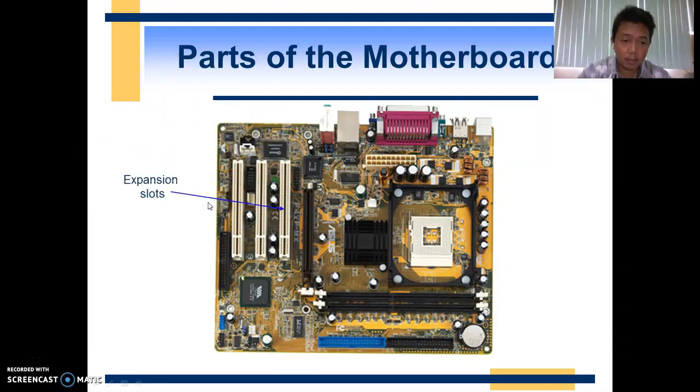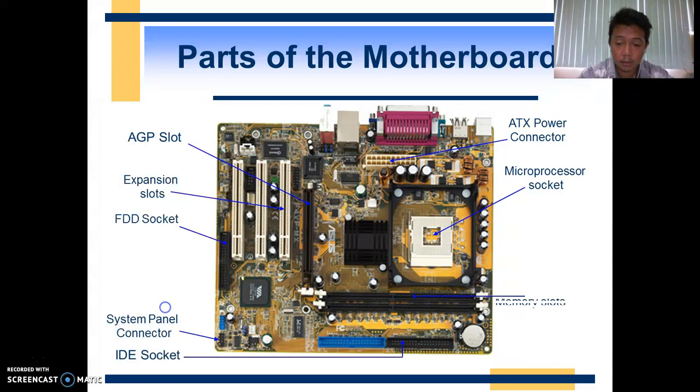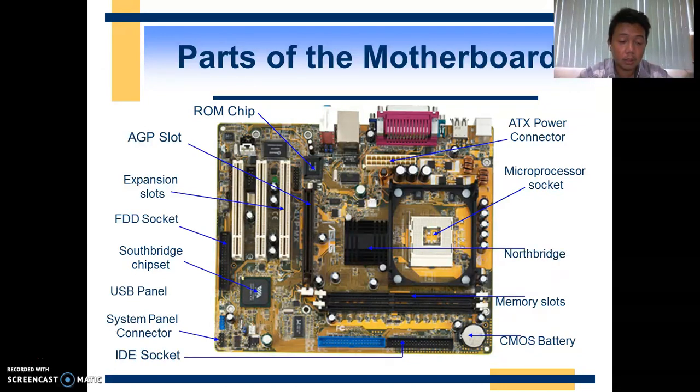First, the expansion slots, FDD socket, AGP slot, ATX power connector, IDE socket, system panel connector, ATX power connector under the microprocessor socket, memory slot, CMOS battery, ROM chip, south bridge chipset, north bridge, USB panel.